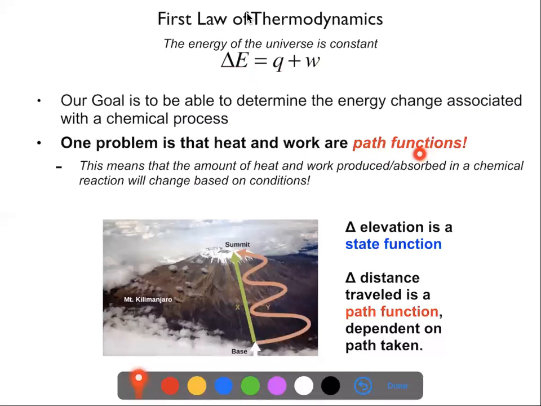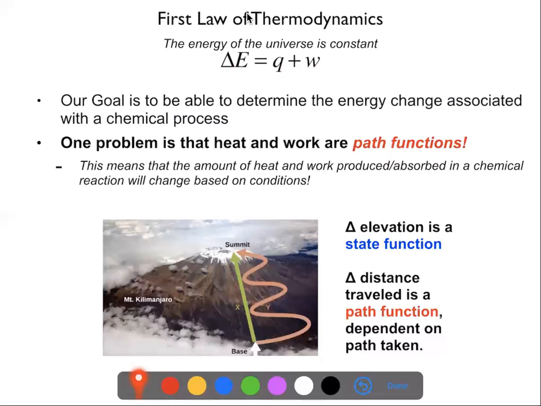What we mean by that is if we change the reaction conditions, the way we run a chemical reaction, heat and work might change. They're dependent upon the conditions. Delta E is a state function in that it's not going to change. Delta E will be a constant for a chemical reaction. It'll always be the same, but the amount of energy that goes to heat and the amount of energy that goes to work will change.